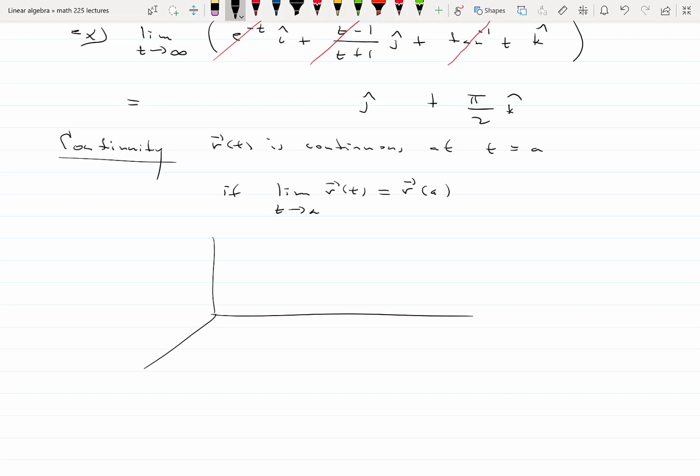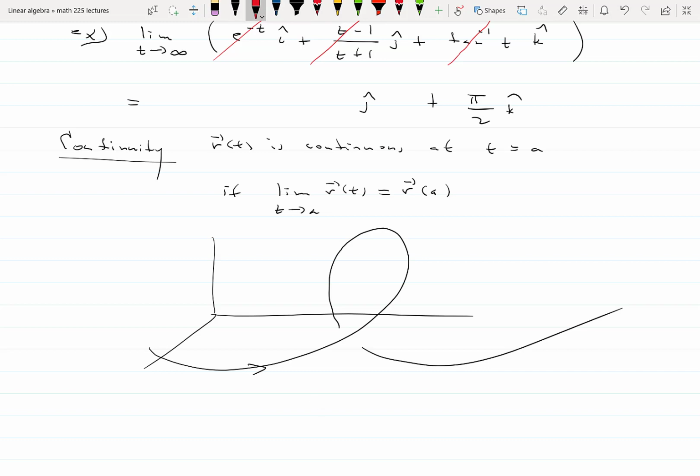So we have a vector function, some curve, traversed in that direction. Let's say r of a is this red vector I'm going to draw. R of a doesn't necessarily have to lie on this curve; I misspoke.